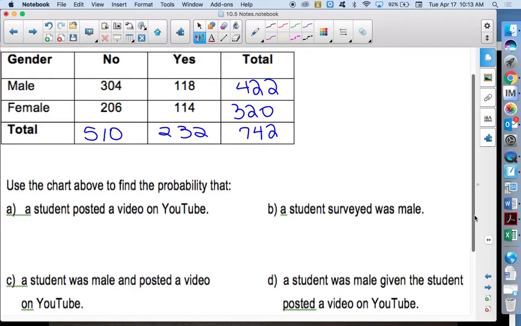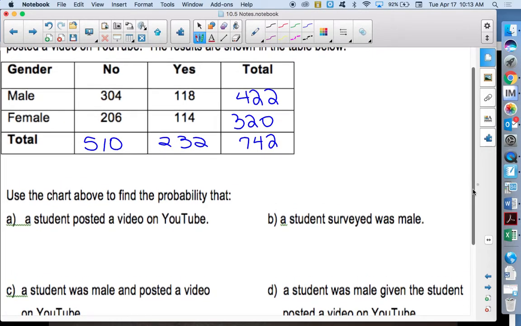So the first one says, use the above chart to find the probability that a student posted a video on YouTube. What information are we trying to use from the chart to find that? Mason?